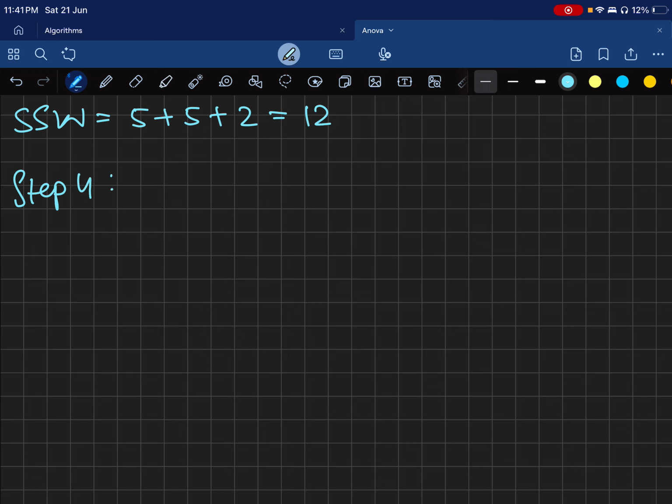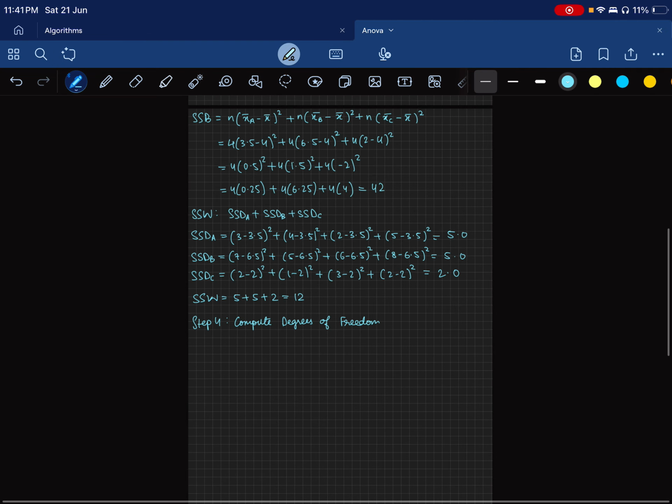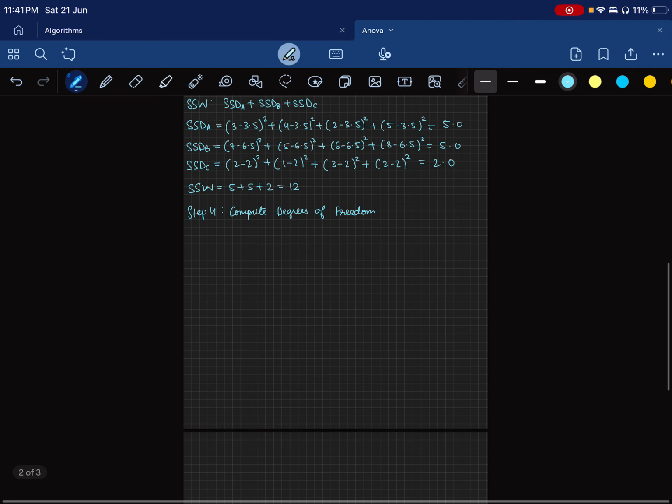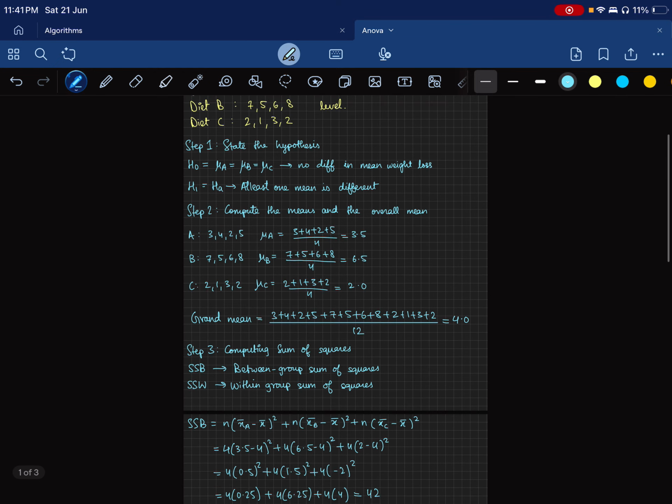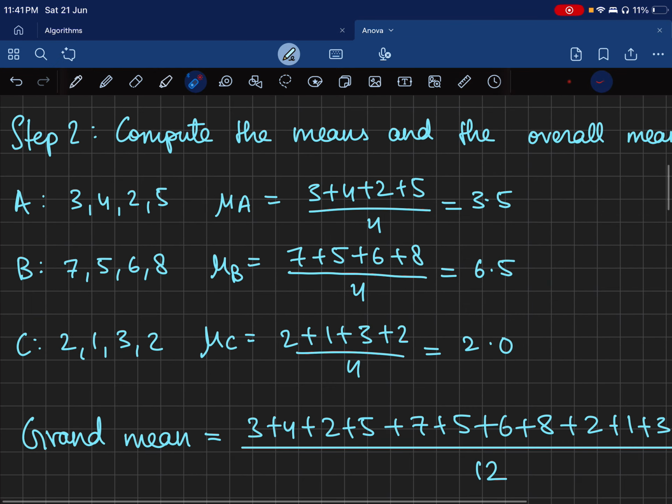Step 4 is to compute the degrees of freedom. So why are you computing degrees of freedom? In a particular data set, between one set you want to find the degree of freedom, and within all the sets, you have to find the degree of freedom.